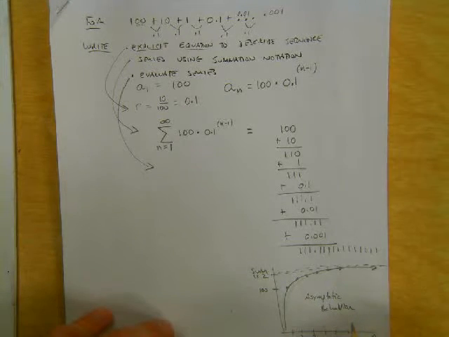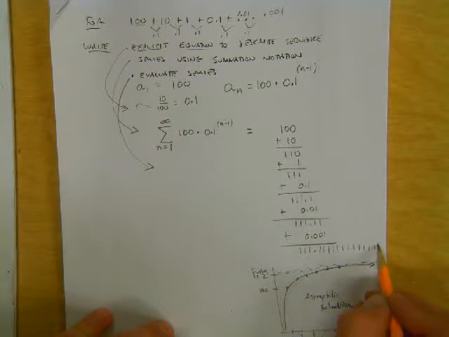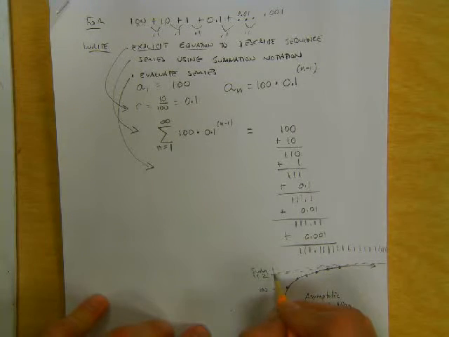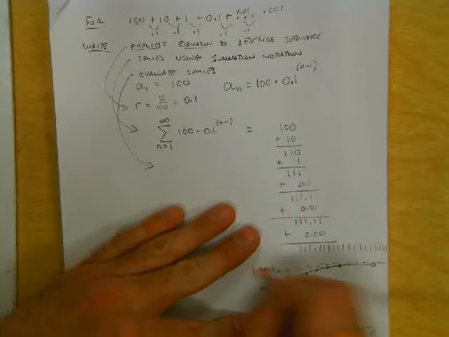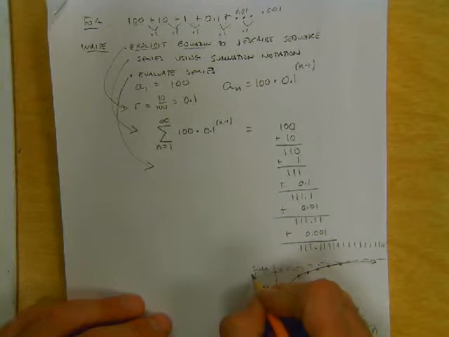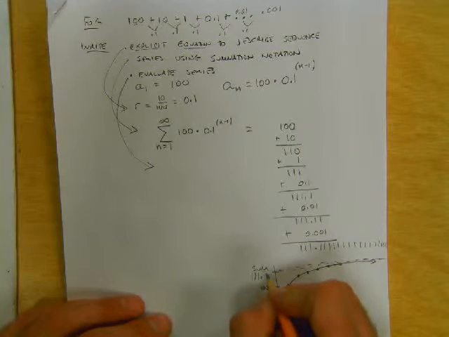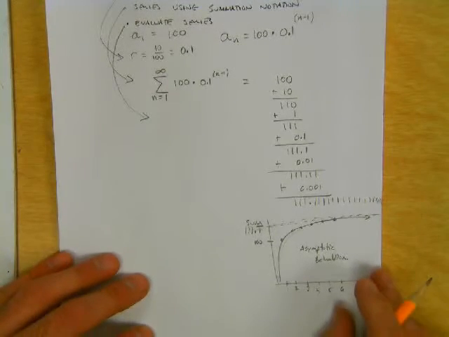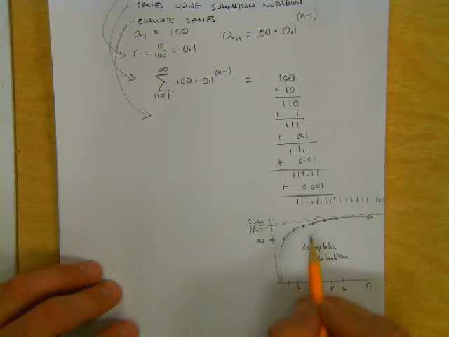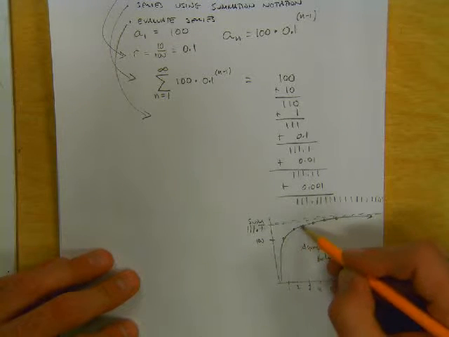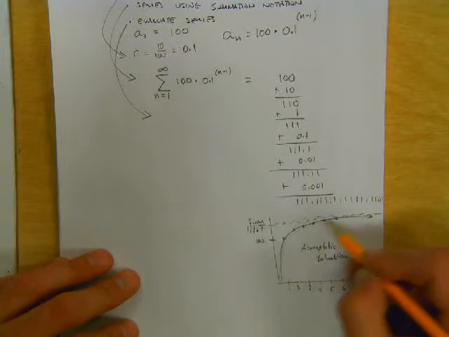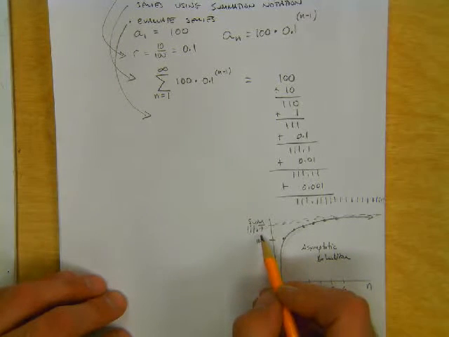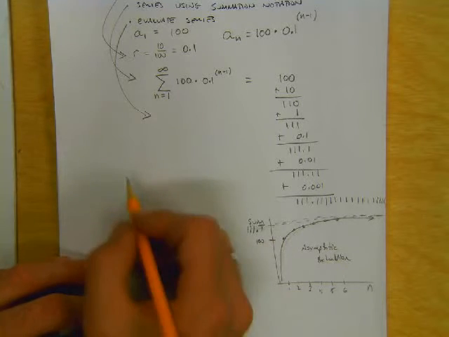And in fact, if we just keep adding ones here, it looks like this asymptote is not really 112, but 111.1 repeating. So, in a sense, we're saying that this summation converges or approaches 111.1.